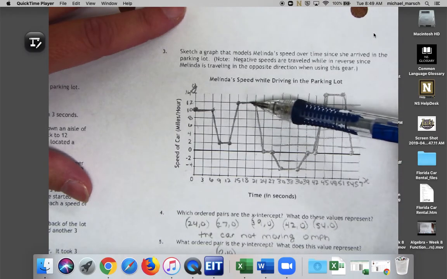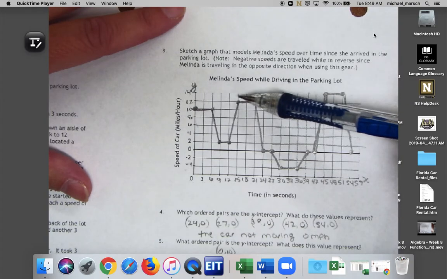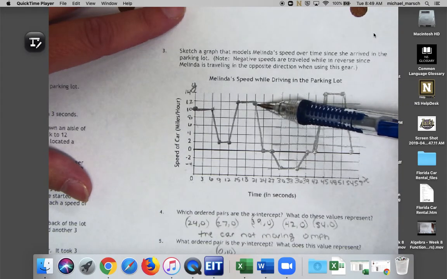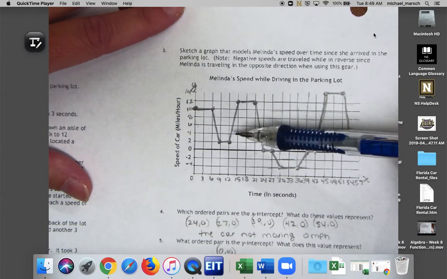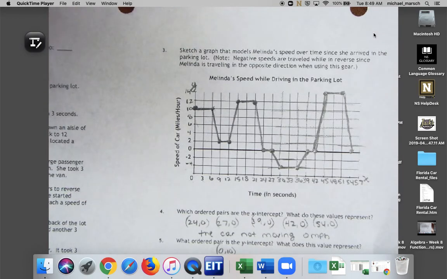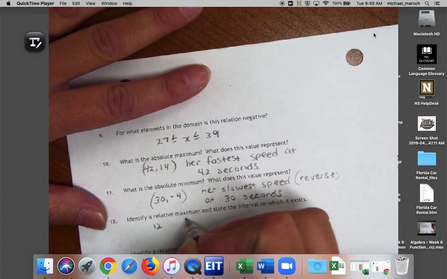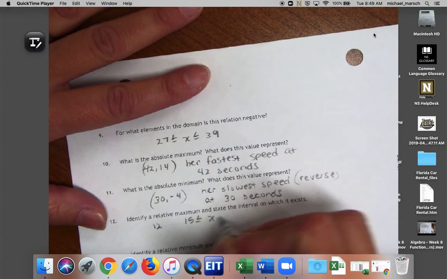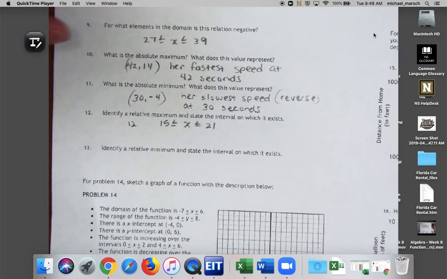Or I could have 12 as a relative maximum, okay? And that would be between 15 and 21, right? So we have lots of choices here. So I'm going to choose 12 for my relative maximum, and that's between 15 and 21, right?